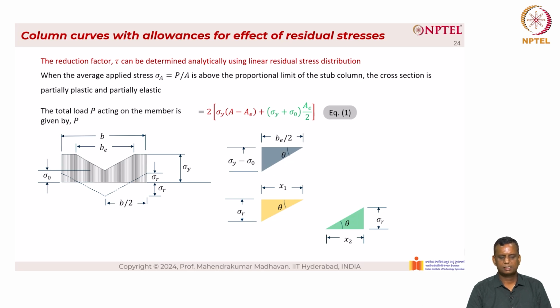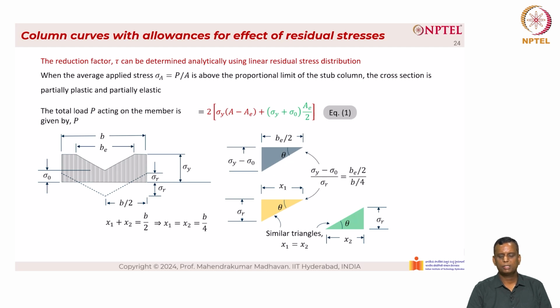Now the distance for the yellow color triangle is x1 and for the green color triangle is x2. Basically, these are all similar triangles here because sigma r is the depth on both sides. So x1 should be equal to x2. But we also know that x1 plus x2 equal to b by 2, which indicates that x1 is equal to x2 is equal to b by 4.